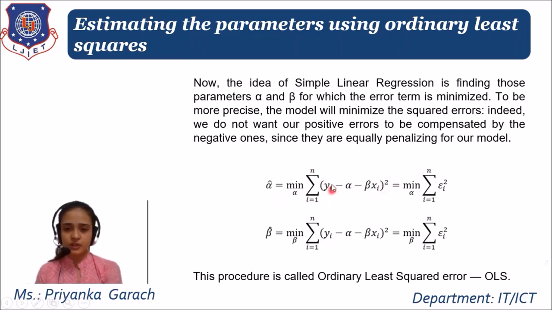But I want this summation to be minimum. By considering the minimum value of the error term, I have to find the value of alpha, and likewise the value of beta. This procedure is called the ordinary least squares, that is the OLS method.